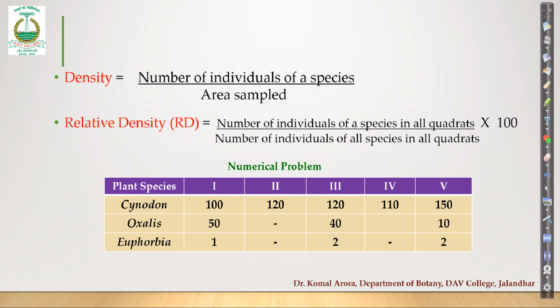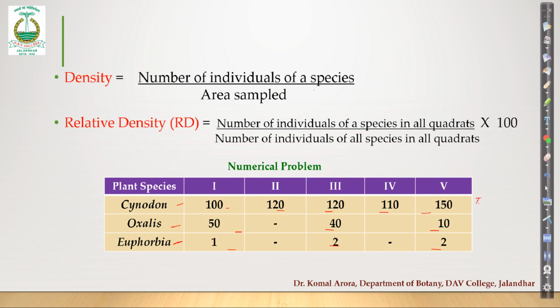As you can see here, this is the same example that we used for calculating frequency. We have a total of 5 quadrats and 3 species were identified. These are the numbers of plants of Cynodon in all quadrats. Similarly, we have the number of plants of Oxalis in 3 quadrats and Euphorbia again in 3 quadrats. So how will you find the density of these plants?